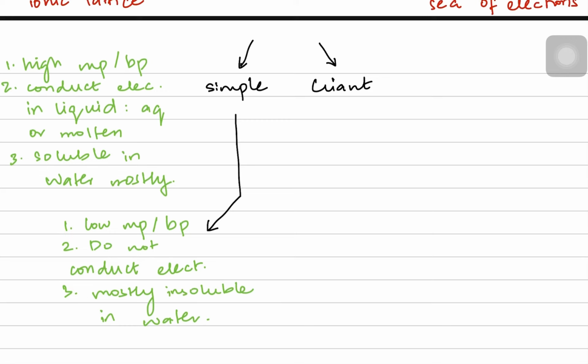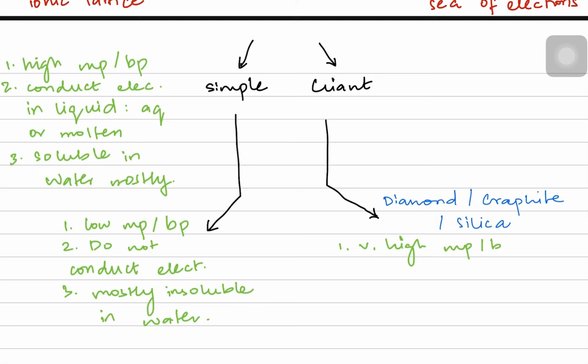When you talk about giant covalent structures, I want you to remember the giant covalent structures were diamond, graphite, and silica, which is silicon dioxide. They have very high melting and boiling points.